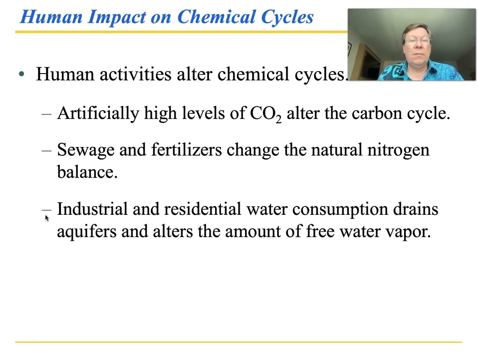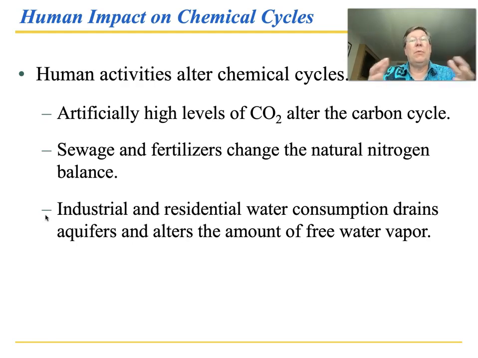We also, of course, have industrial and residential water consumption, and if you're in California, you are acutely aware of some of these issues. There are other places in the United States where excessive water consumption, primarily because of agriculture, has drained aquifers. There are some large aquifers in parts of Texas, for example, and they're being depleted. And everything that lives off of these aquifers and the natural cycling of water now has a different amount of water available.